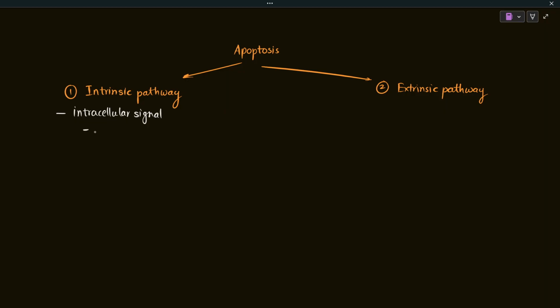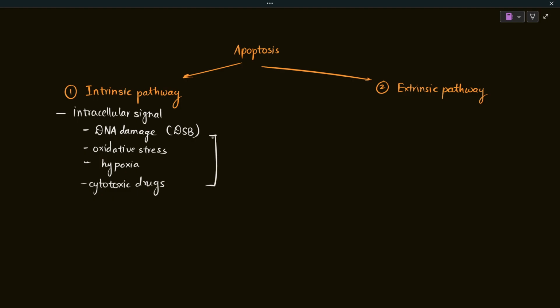The intracellular signal could be maybe the DNA damage, okay, like double-stranded DNA breaks, or it could be due to oxidative stress or hypoxia, the low availability of oxygen, or due to some cytotoxic drugs. Okay, all of them, they are going to elicit as an intracellular signal that the cell needs to undergo apoptosis.